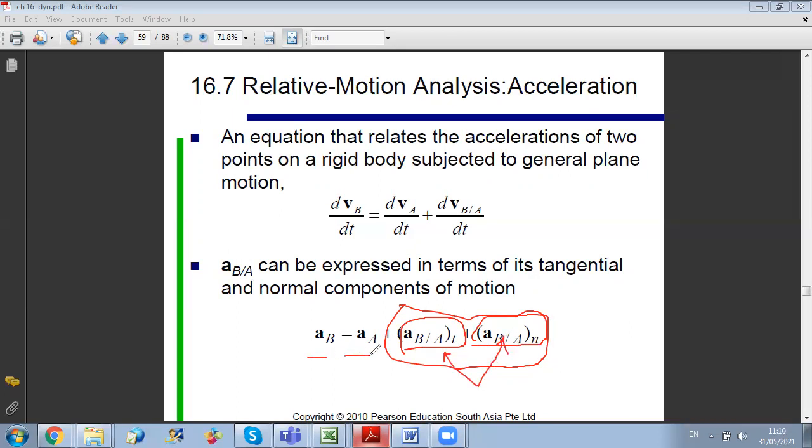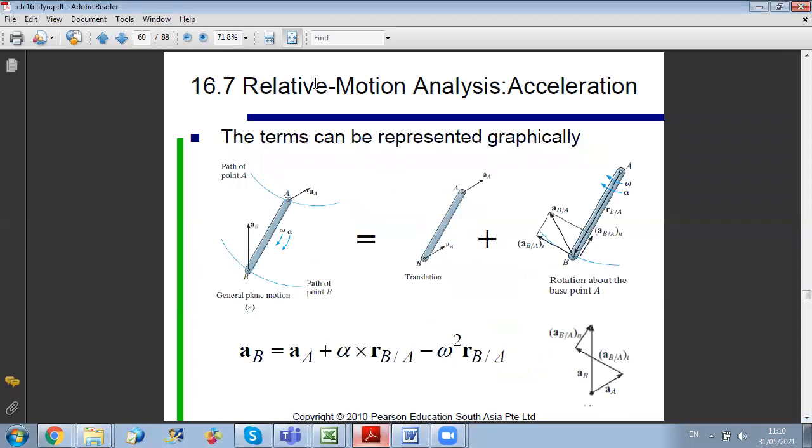So AB and AA will represent the absolute accelerations of B and A, and these two components, tangential and normal, represent the acceleration due to rotation of B about A. For the vectorial expression, we have seen last time that the tangential acceleration AT can be written as alpha vectorial R of B relative to A. So this is the tangential acceleration of B relative to A. It can be written as a vectorial product of alpha and R. And concerning the normal acceleration, we have seen last time that the normal acceleration vector can be given by minus omega square R of B relative to A, because we are working in 2D here.